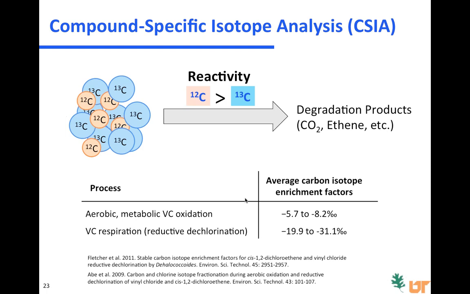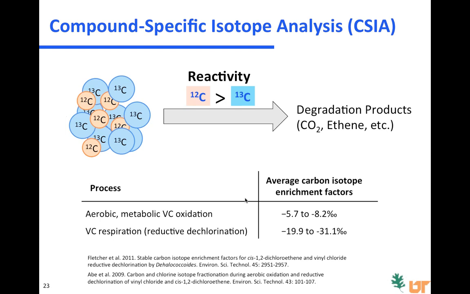And one of the reasons why this is more complicated: you can imagine that you have an area where you have reductive dechlorination occurring, but maybe also some aerobic degradation in oxic pockets in the aquifer. So then you have different processes contributing to these enrichment factors.